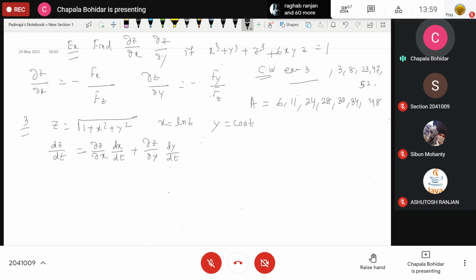Del z by del x is how much? Del z by del x is x by root over of 1 plus x square plus y square. Yes. Then dx by dt is 1 by t. Okay, and it is in terms of t.